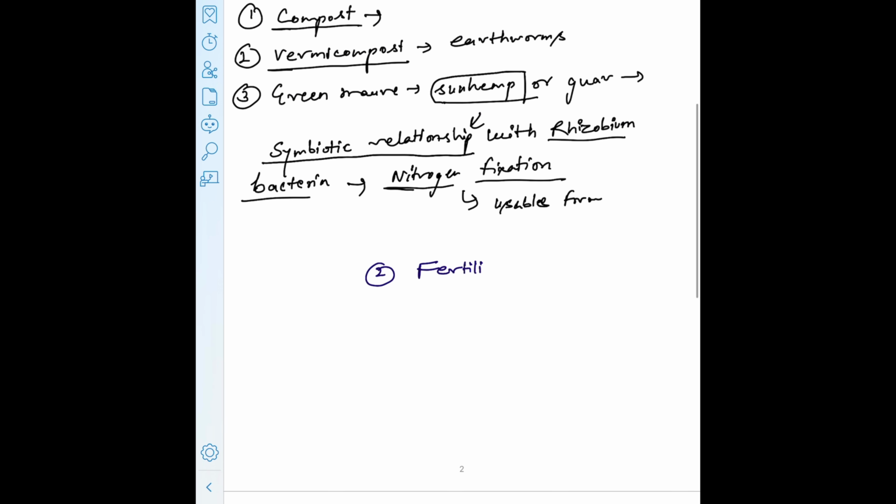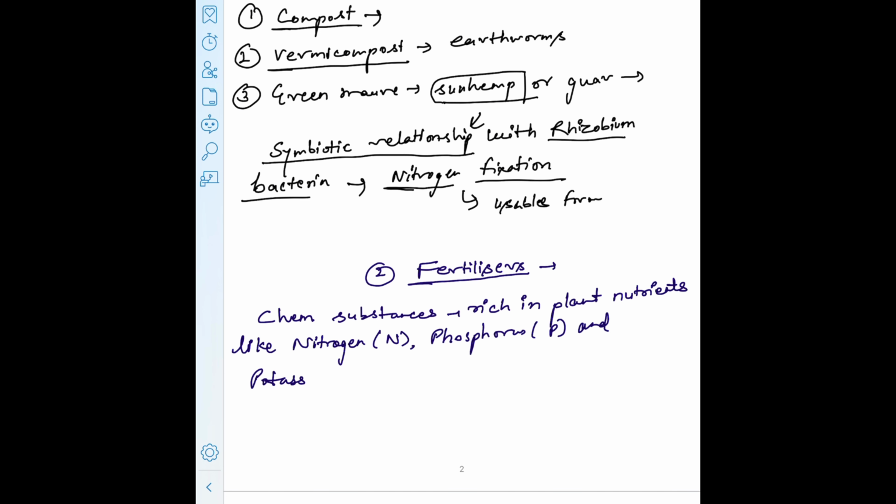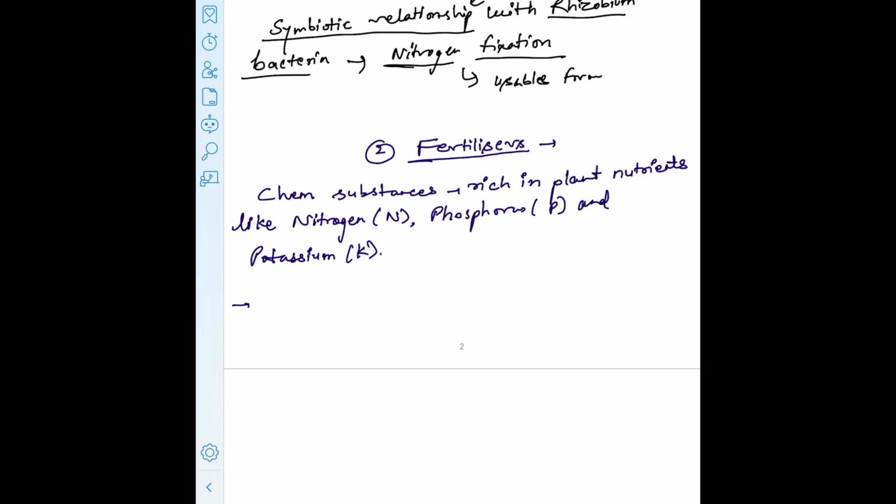Now let's talk about fertilizers. So fertilizers are chemical substances that are rich in plant nutrients such as nitrogen, phosphorus and potassium. And unlike manures, fertilizers are made in factories. So they are synthetic.